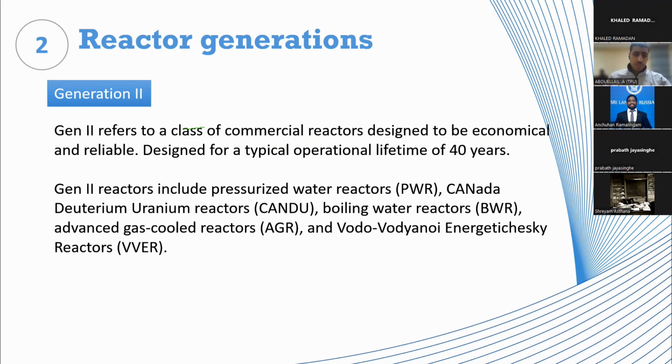The most famous types of reactors listed under generation number 2 are PWR reactors, CANDU reactor, BWR and AGR. Especially the VVER reactor, the Russian type of reactor, is the most successful commercial reactor type in the world nowadays.